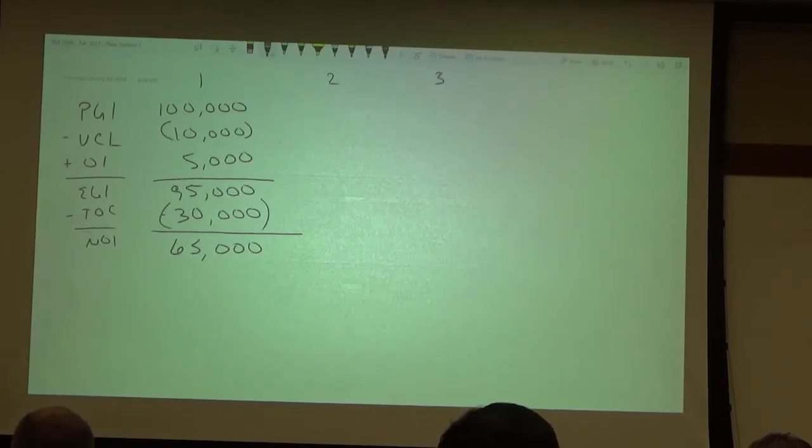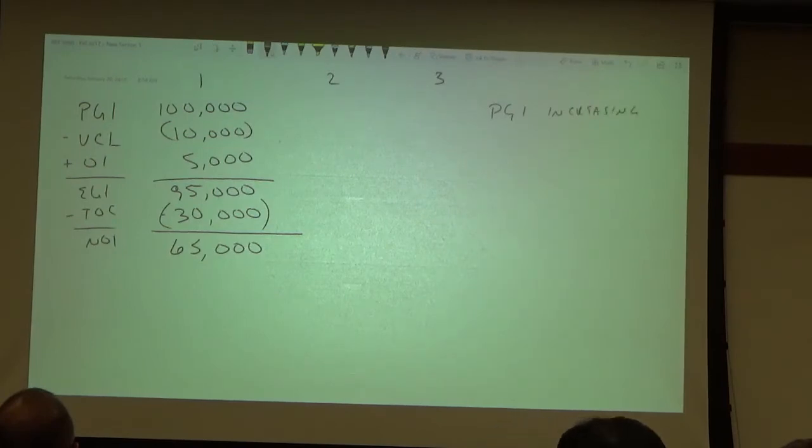So what is that going to mean for subsequent years? In other words, we're going to have PGI increasing at 3% per year.